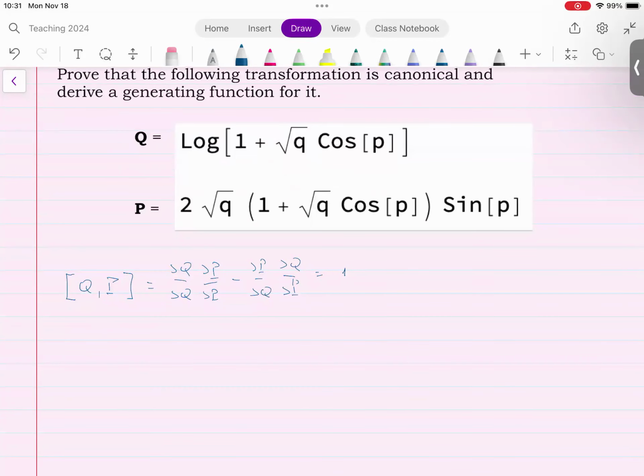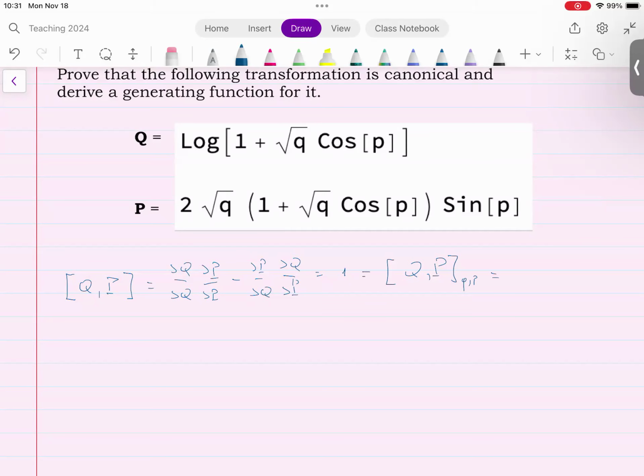Remember that the Poisson bracket is an invariant with respect to coordinates if the transformation is canonical. So what we're actually going to do is prove that this transformation is canonical by calculating the Poisson bracket in the little q, little p variables.